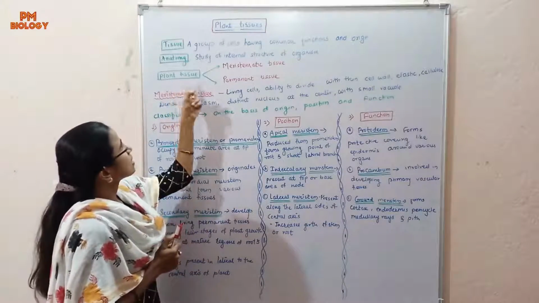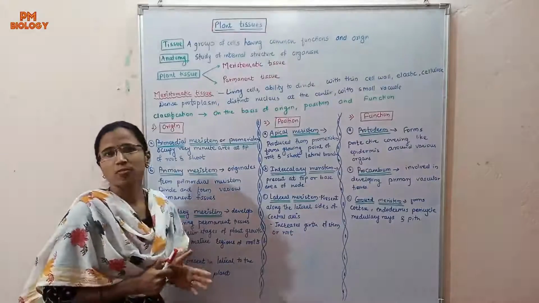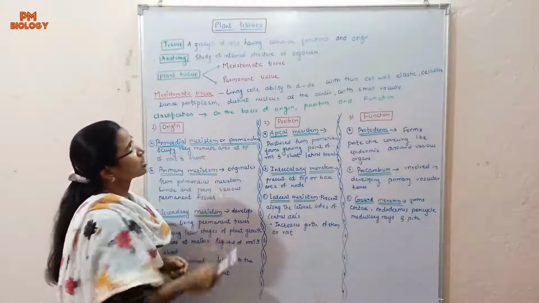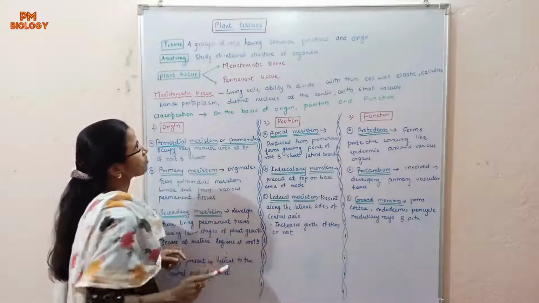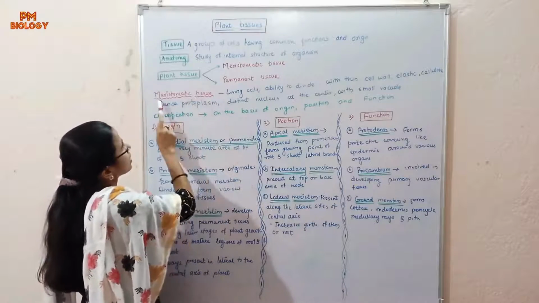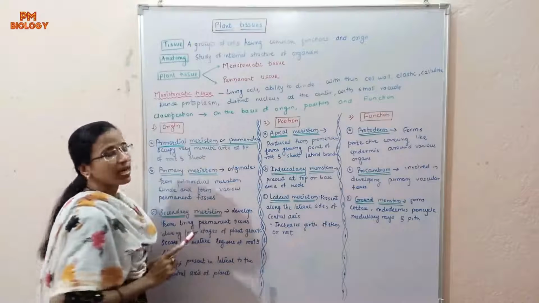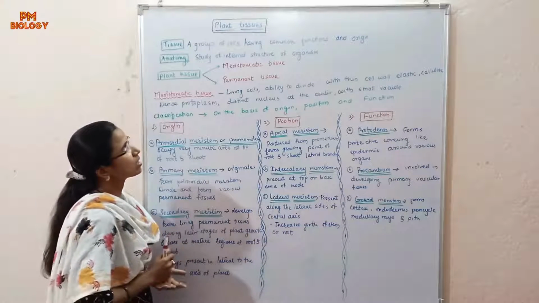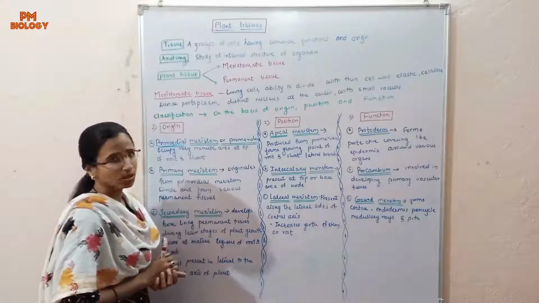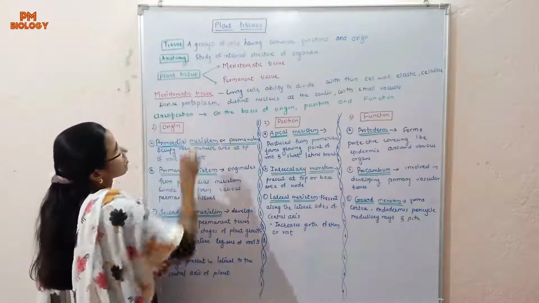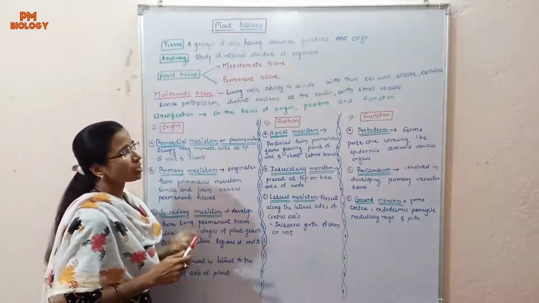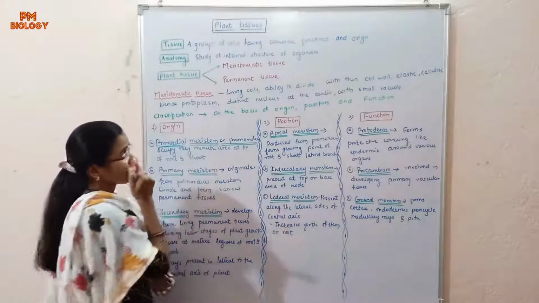Next to that, there are two different types of tissues in the plants basically, and these two types are meristematic tissues and permanent tissues. Here we'll focus on the meristematic tissues first, and then in the upcoming videos we'll try to know about the permanent tissues. So the meristematic tissues have different kinds of features, like they are living cells.